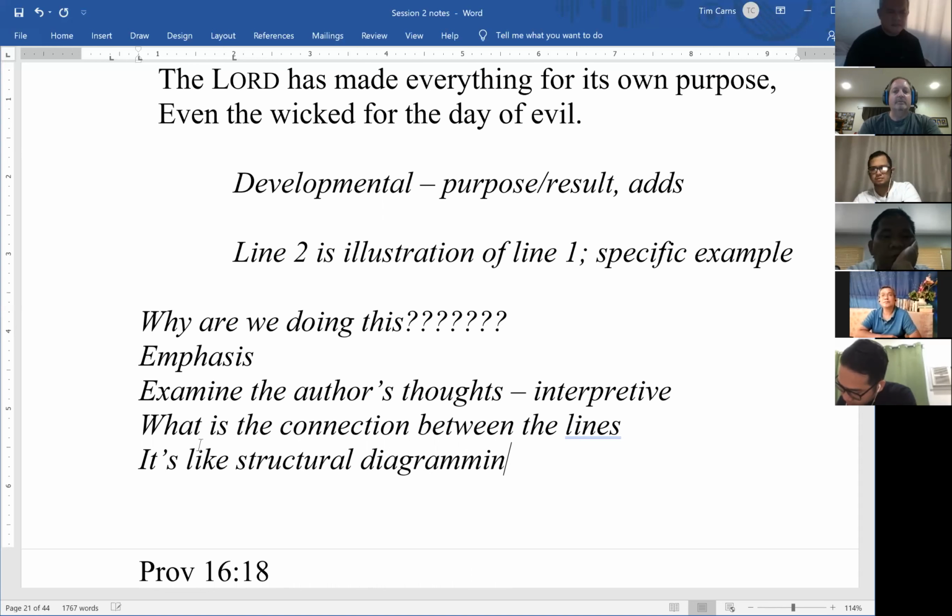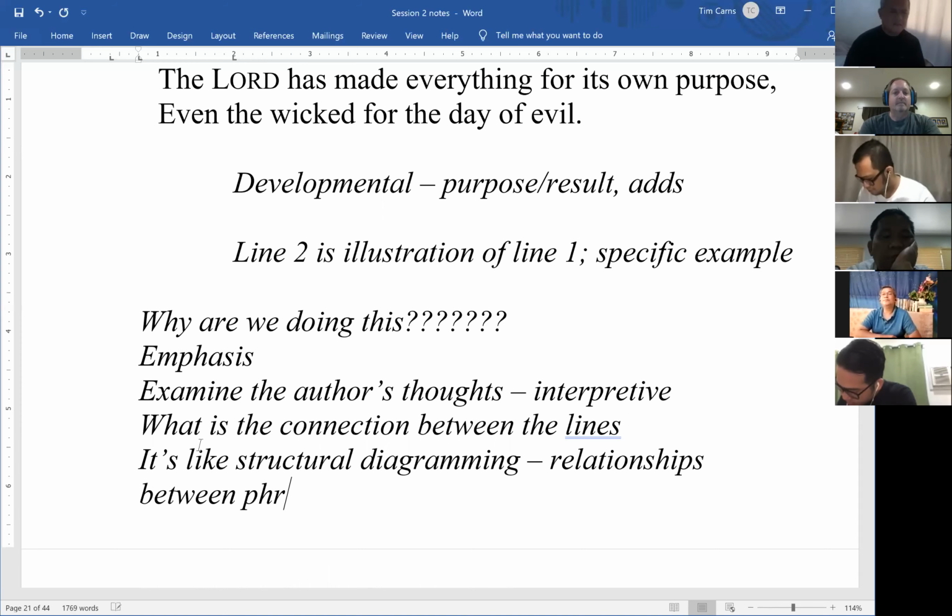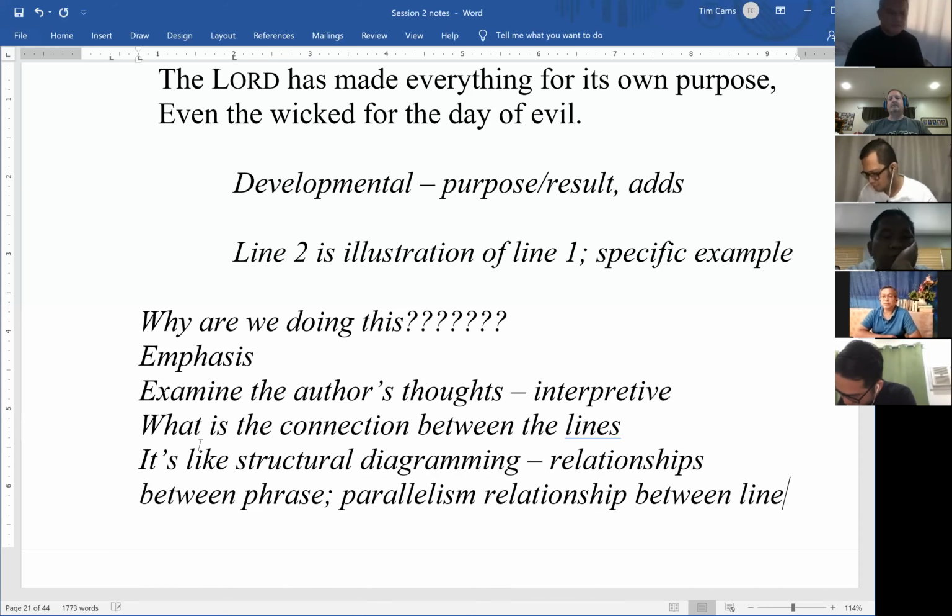And in a lot of ways, it's like block diagramming or structural diagramming. Structural diagramming also examines the relationship between phrases. Okay, parallelism examines the relationships between lines. So what this is doing is it's forcing us to now start thinking about, okay, we know that the author has intentionally connected these two lines in some way.